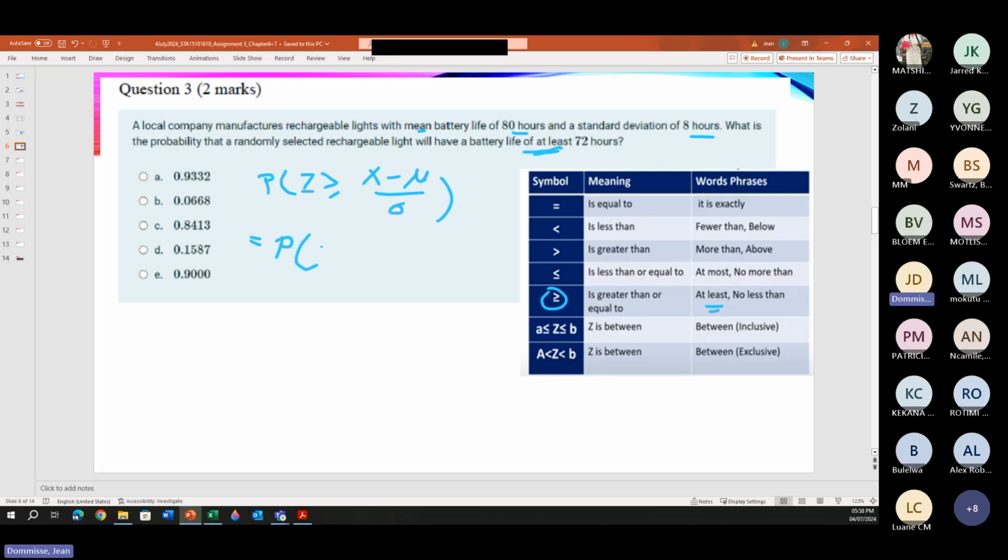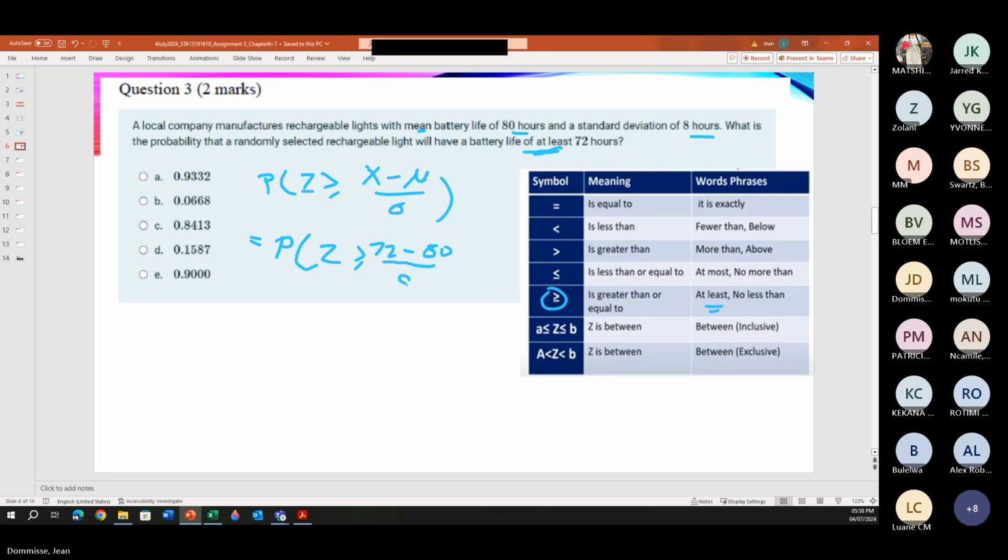That's the probability of Z. X is 72, which is fine if it is something negative, because that just means that when we sketch it out, it will be on the left-hand side, on the negative side.